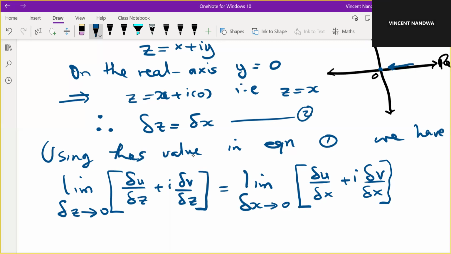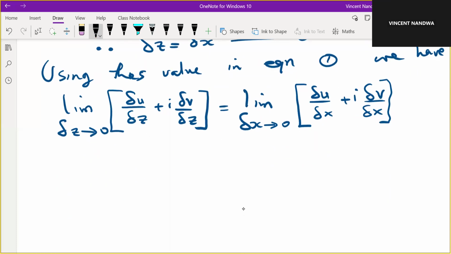And from your differential calculus class, you know that the limit of a sum of two functions is the same as, if I have the limit of f plus g, it reduces to the sum of the limits, from properties of limits.